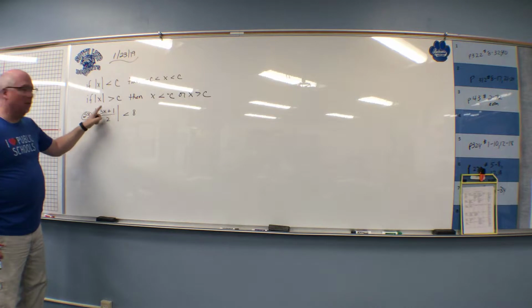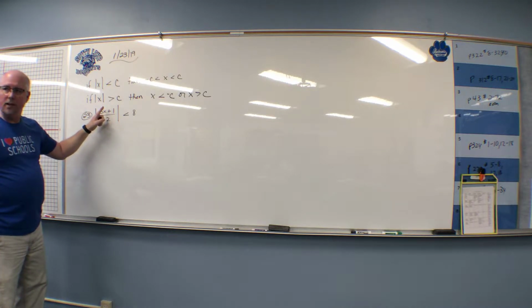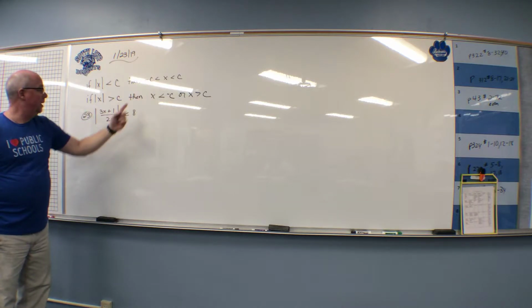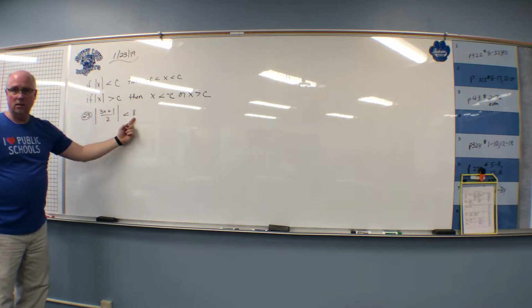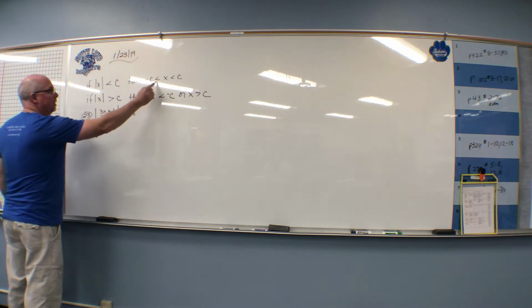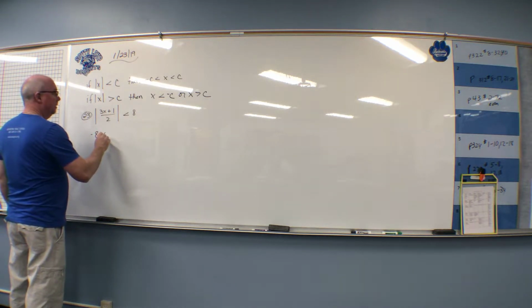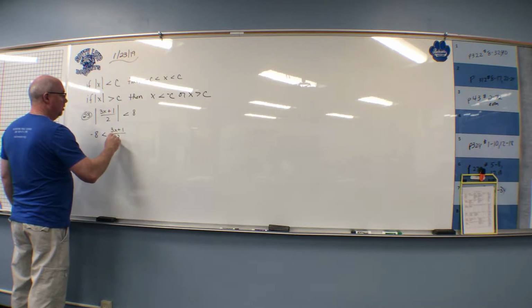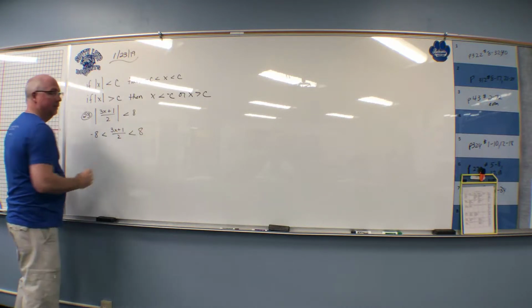It's less than, so it is this case. x happens to be all of this. You understand what I'm saying? So I'm going to use an "and," and c is 8. So what I have is negative 8, negative c, is less than (3x plus 1) over 2, is less than a positive 8.